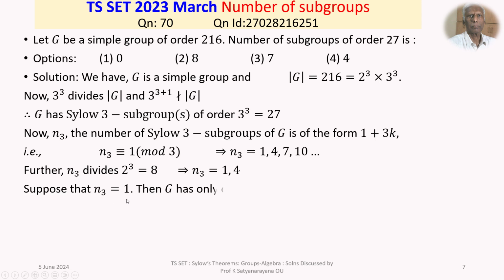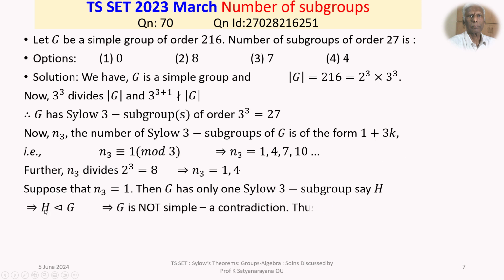Suppose that N3 is 1, then G has only one Sylow 3 subgroup, say H, then that subgroup will be normal in G. So G is admitting a non-trivial normal subgroup of order 27. Therefore, G is not simple, but G is given to be simple. Therefore, it's a contradiction. Therefore, we overrule N3 is equal to 1. Thus, N3 is not equal to 1.